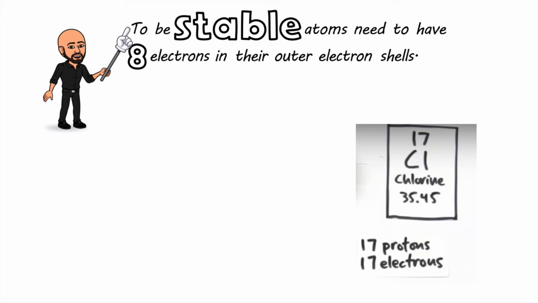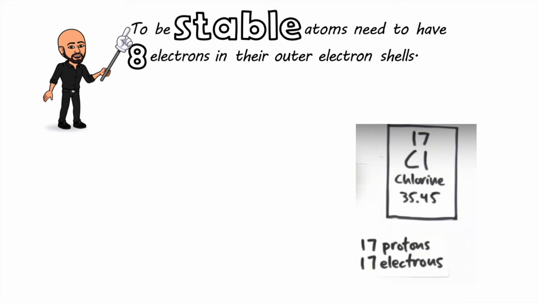We looked up chlorine, saw the atomic number of 17. It has 17 protons, 17 electrons. And in their first shell, it has 2 electrons. Second shell, it has 8 electrons. And then there are 7 electrons in that outer shell, otherwise known as the, don't say it too loud, valence shell.